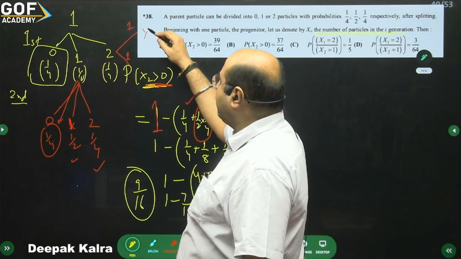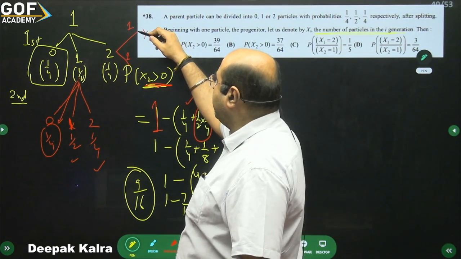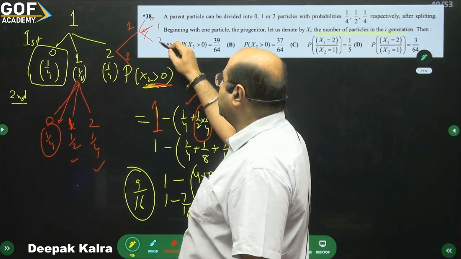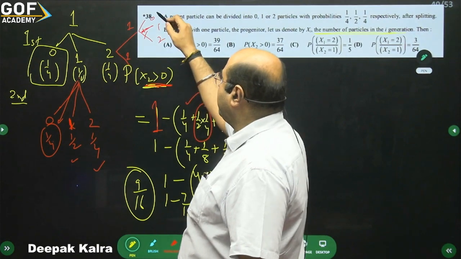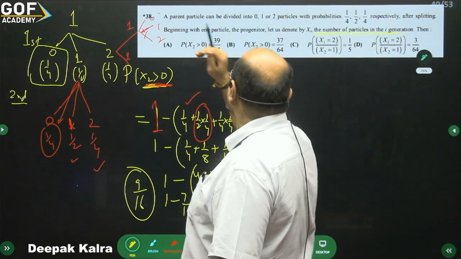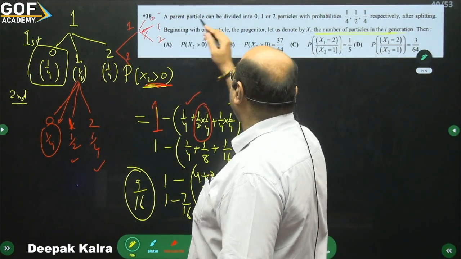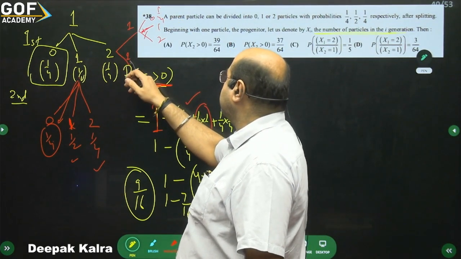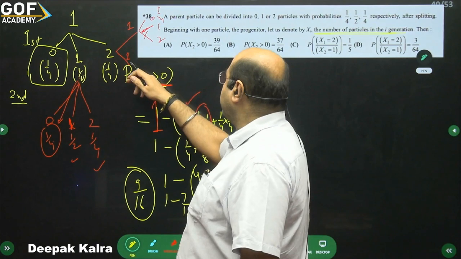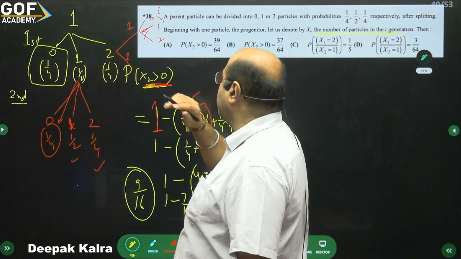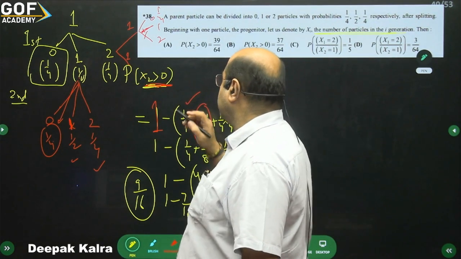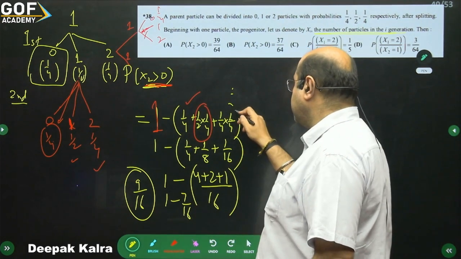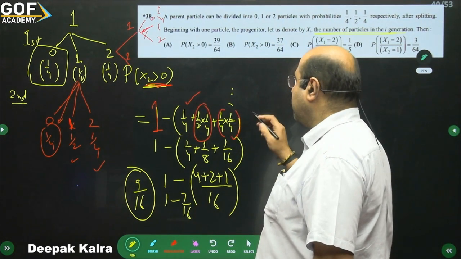And then you have 1 particle again broken up into 3 sections: 0, 1 and 2. So 1 by 4 with this, 1 by 4 again. And this 1 more particle will follow the same rule, which means it will become double, I guess.